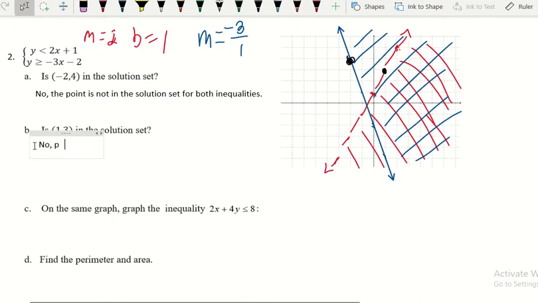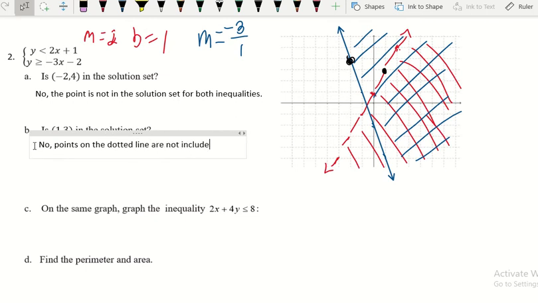Points on the dotted line are not included in the solution set. So once again, the point is not in the solution set for both inequalities.